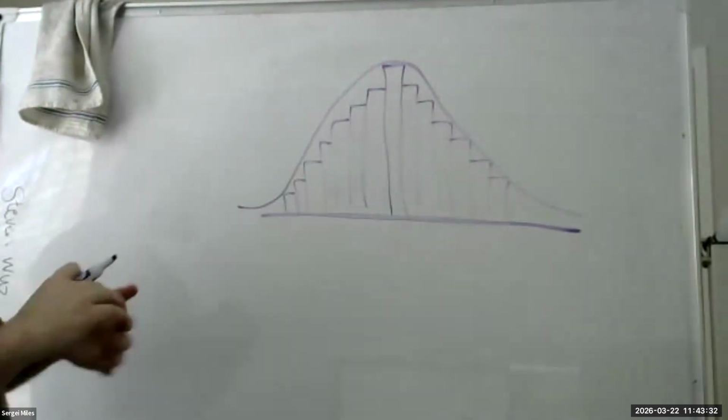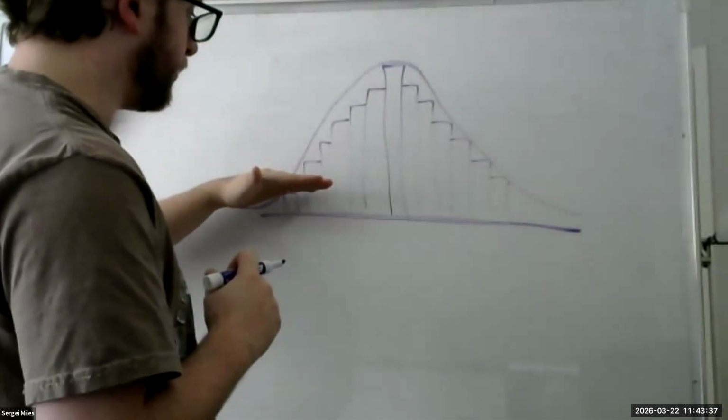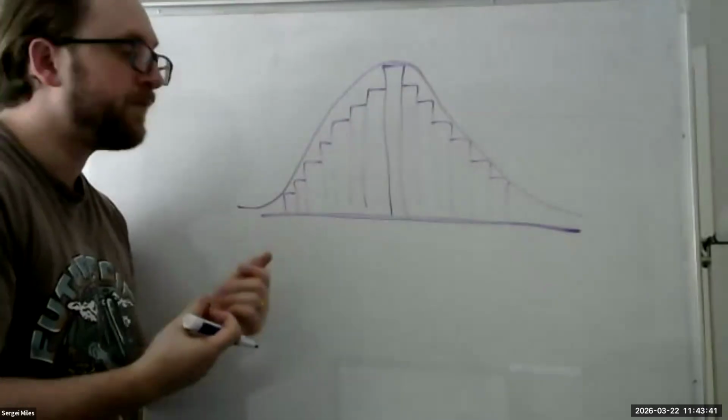The height references the frequency, so if something has a lower height, then that entry is less frequent.